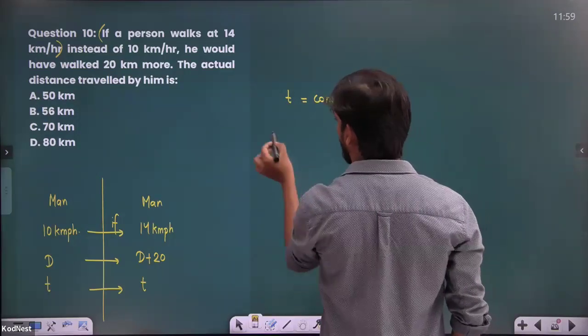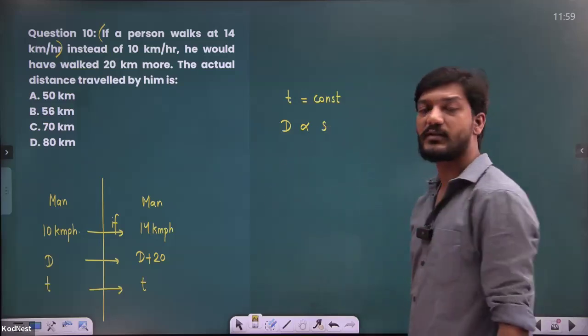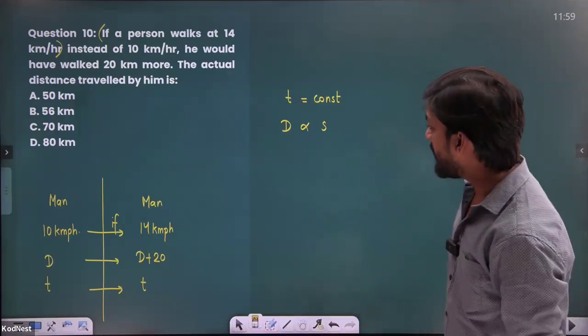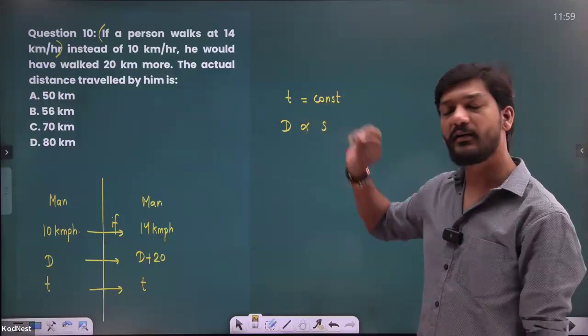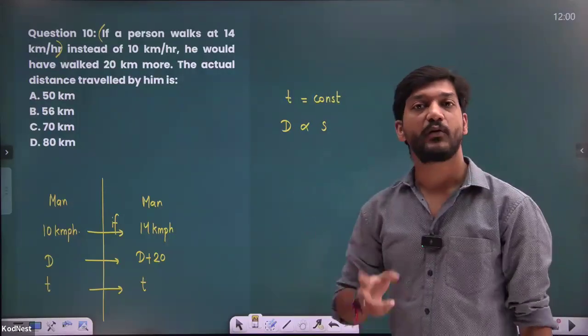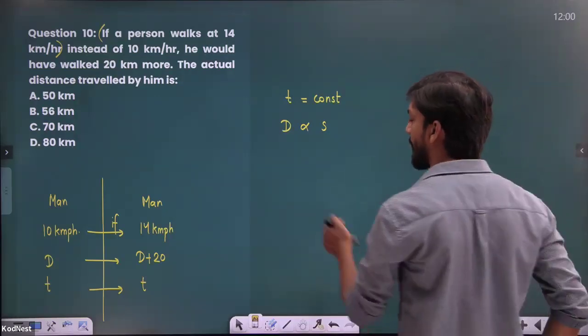Time is constant. Distance is proportional to speed, yes or not? Because time is constant. Yes. So I will tell you the same proportionality two ways. One way is I will write it as a formula, and one way is I will solve it as a ratio. So carefully understand.